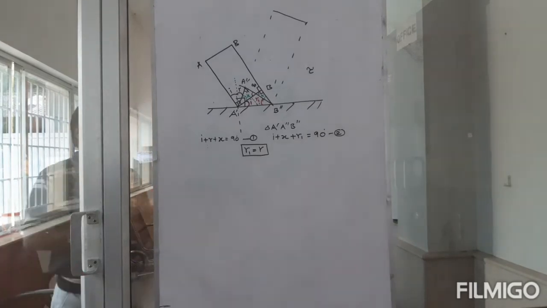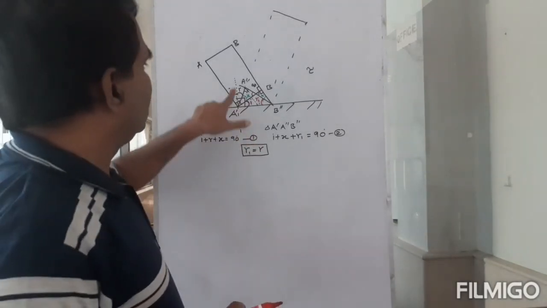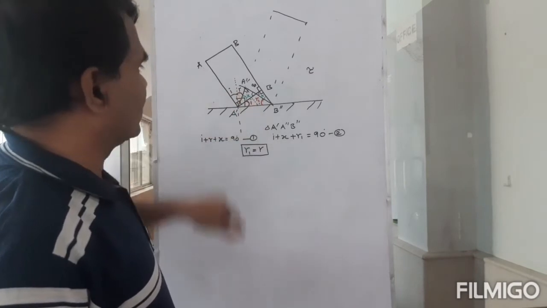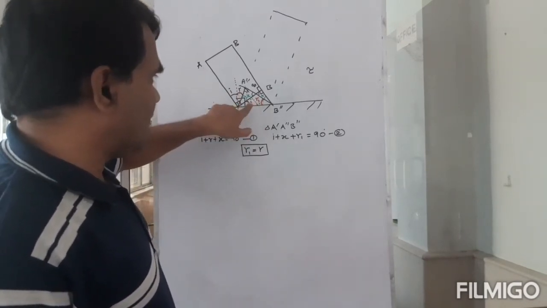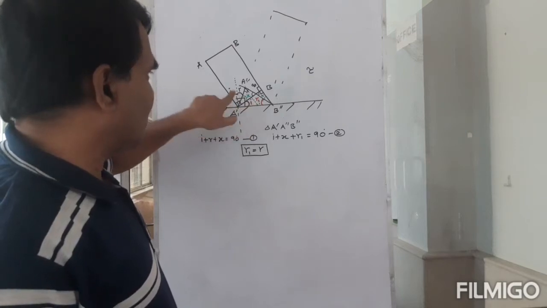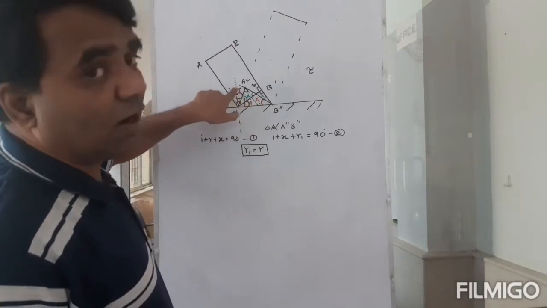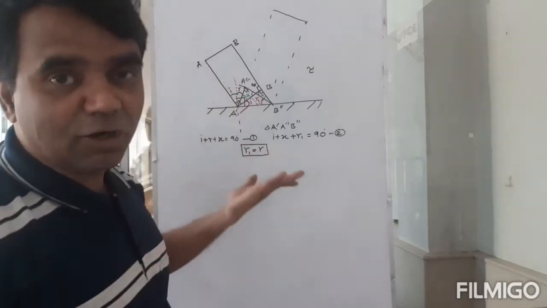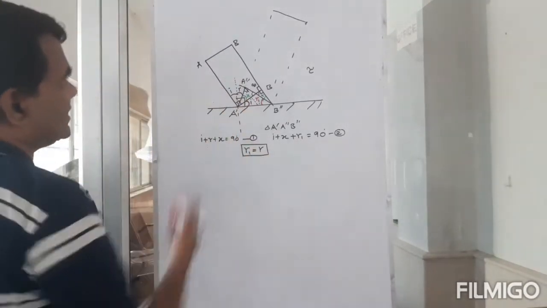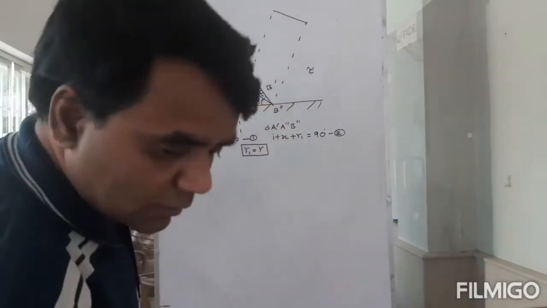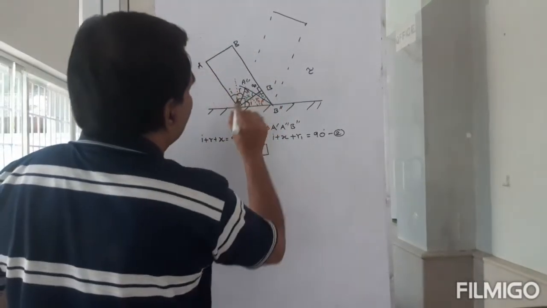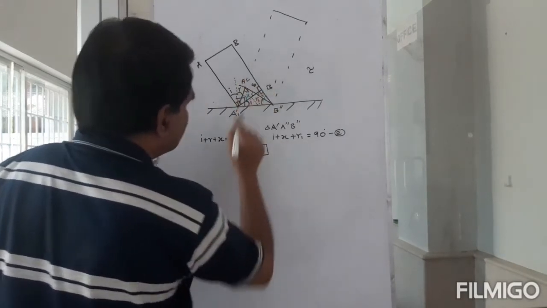Okay, now this angle R1 is equal to R. If I prove that R1 is equal to I, then I must be equal to R. So that is actually the law of reflection. That's very easy to prove. Look at these two triangles.